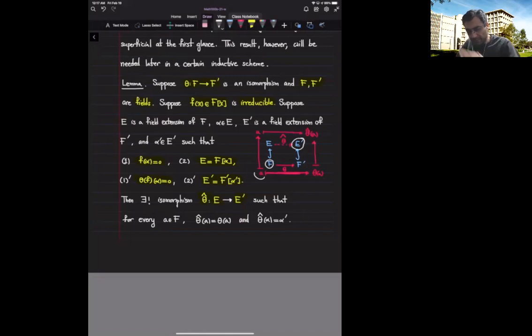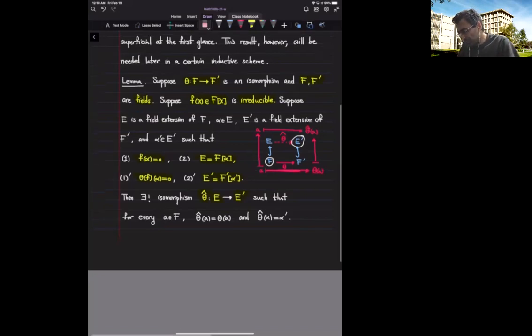No matter what path I take, I'm going to get the same result. So whenever you have such a diagram, we say it's a commutative diagram, or this diagram commutes. This is an important terminology, and it can help us to say many conditions in a compact form and visualize many of these conditions.